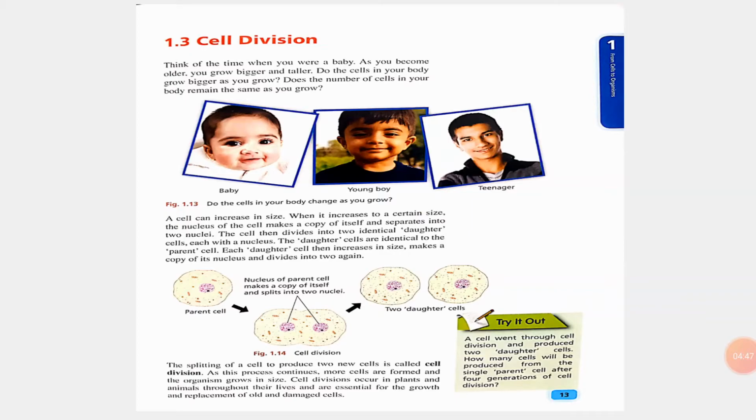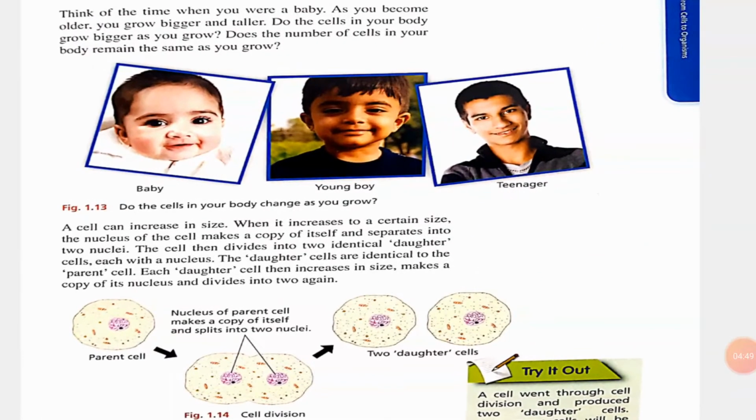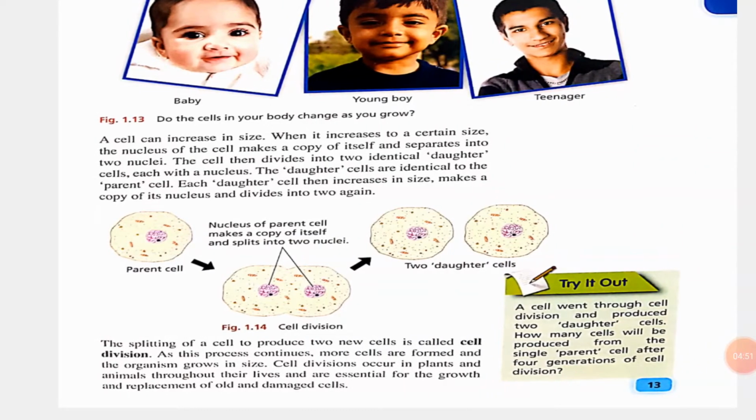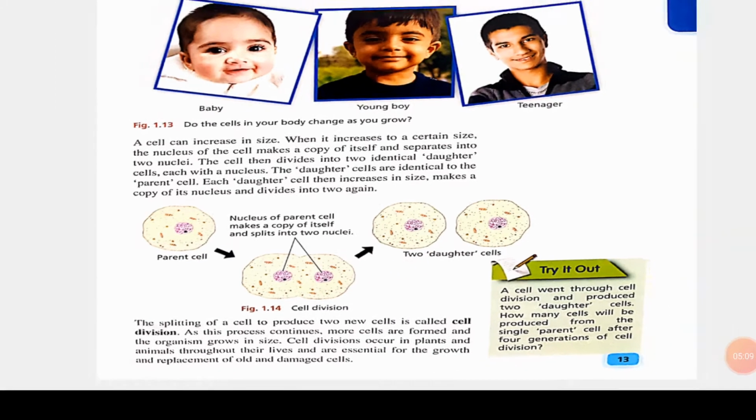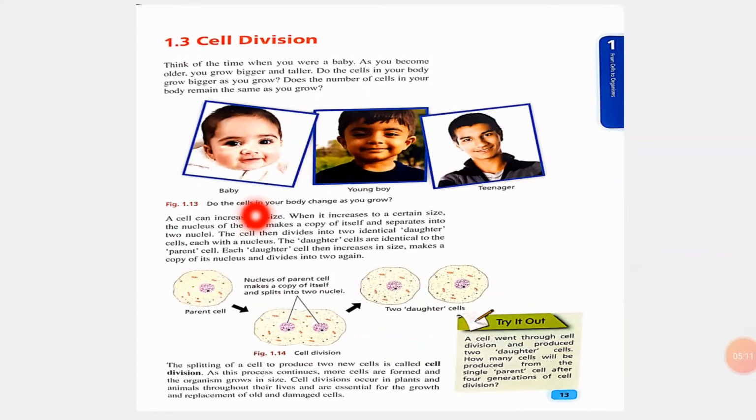Which is given on page number 13. According to cell division, cells are continuously dividing. Like the diagram that is given here, the parent cell is dividing and two daughter cells are formed. A cell can increase in size.